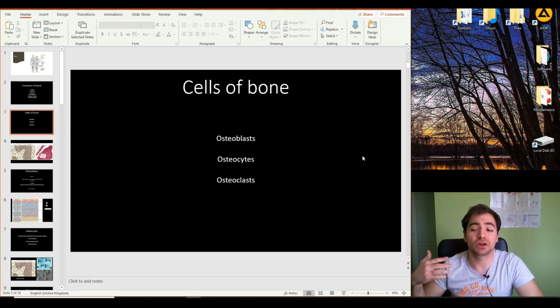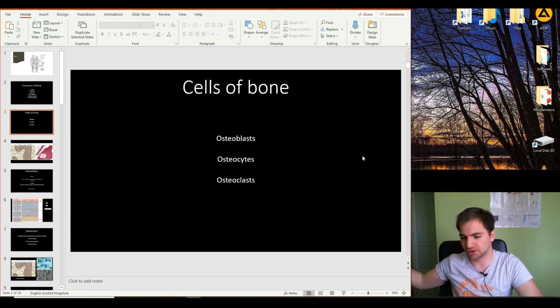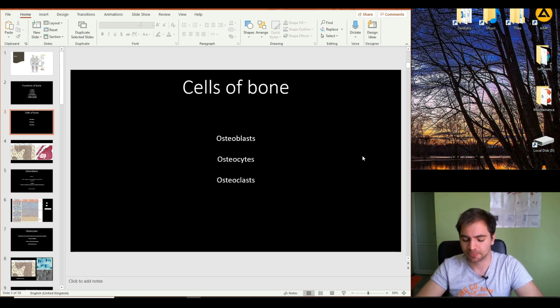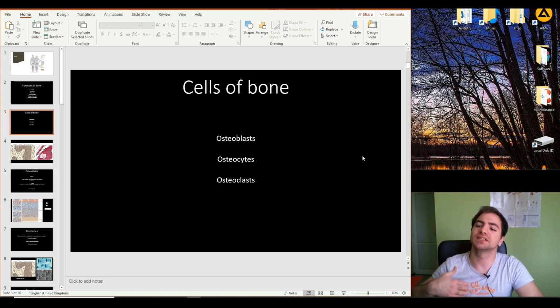Osteoblasts are responsible for the production of osteoid, which in time will mature into bone, and osteocytes are lodged within the bone and maintain this structure by producing specific substances. We'll discuss which substances they are. And lastly, we have the osteoclasts. The osteoclasts are the cells that destroy bone, that destroy the structure of hydroxyapatite and the structure that we will discuss within a second.